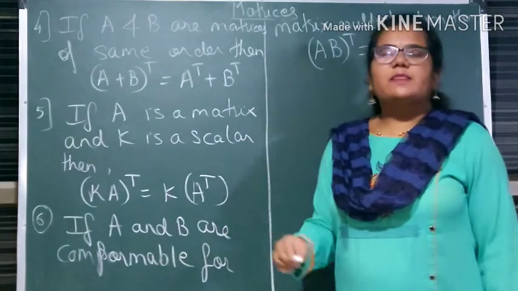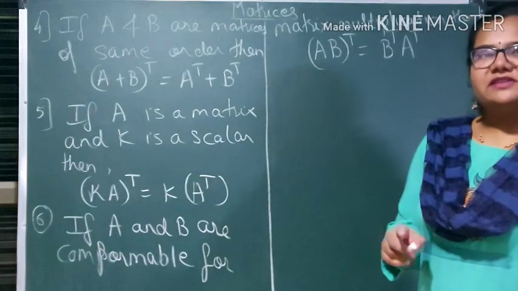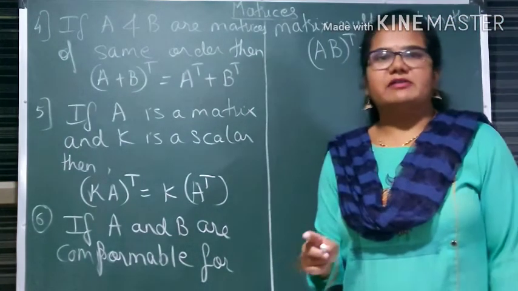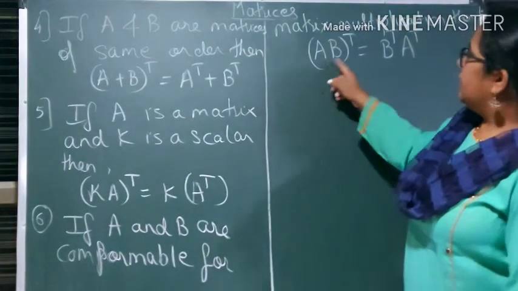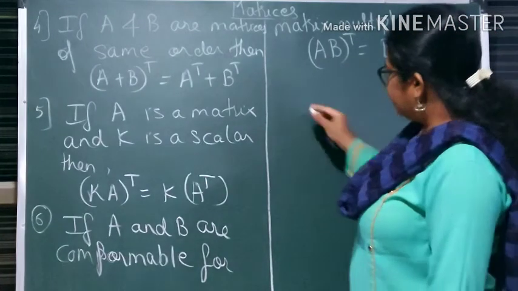Conformable means what? That we can multiply A into B, that the number of columns of matrix A is equal to the number of rows of matrix B. So A into B transpose will be equal to B transpose into A transpose.